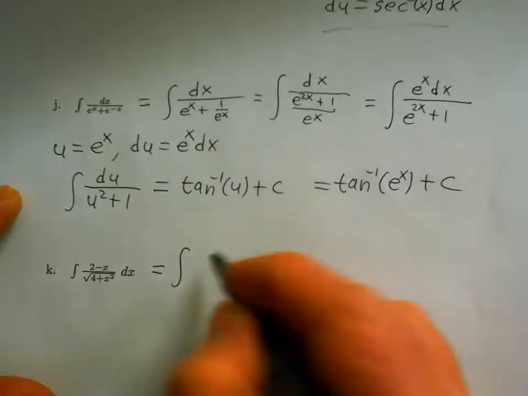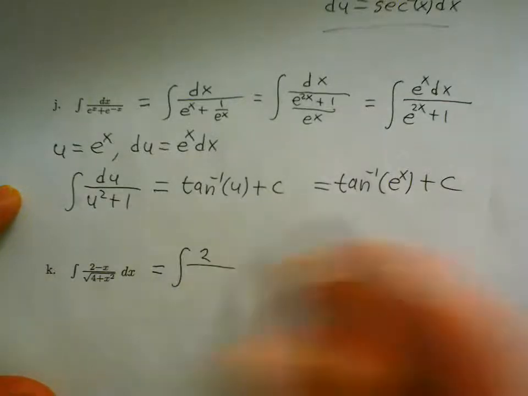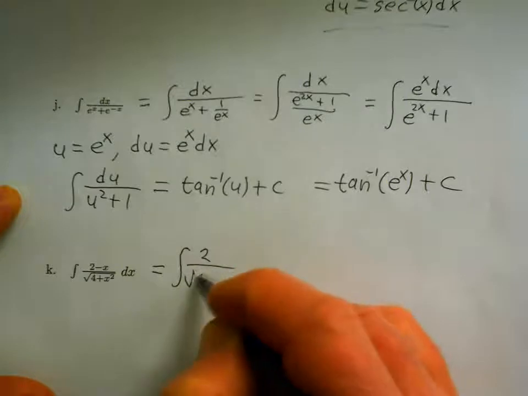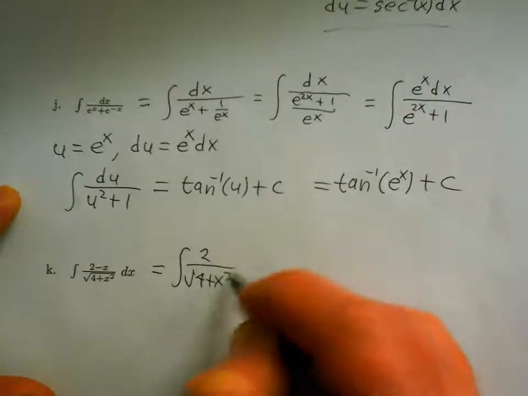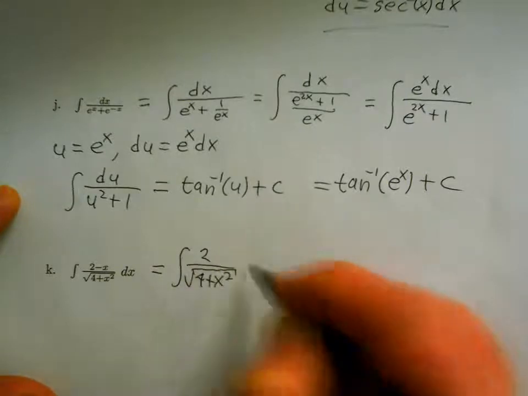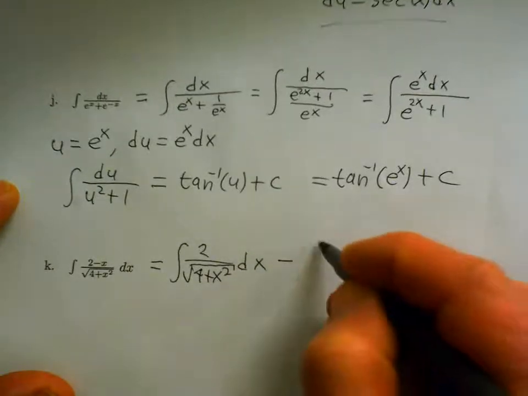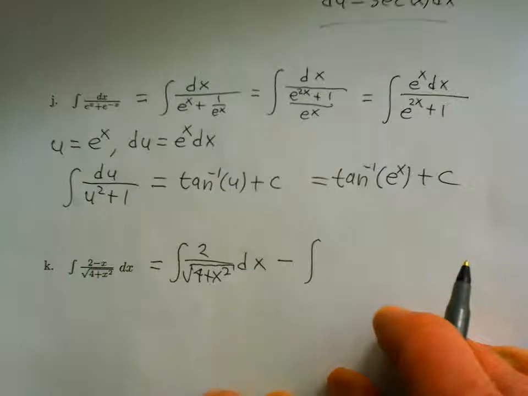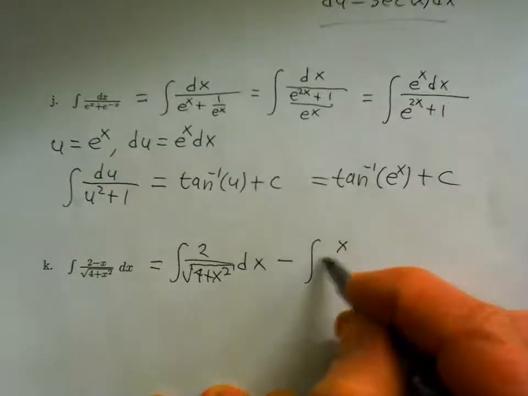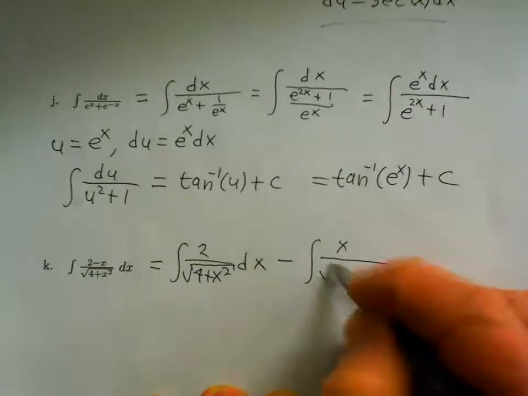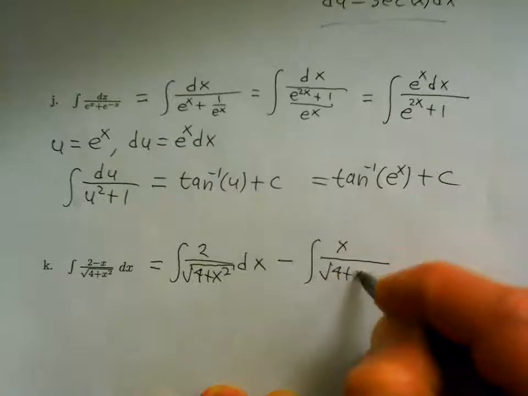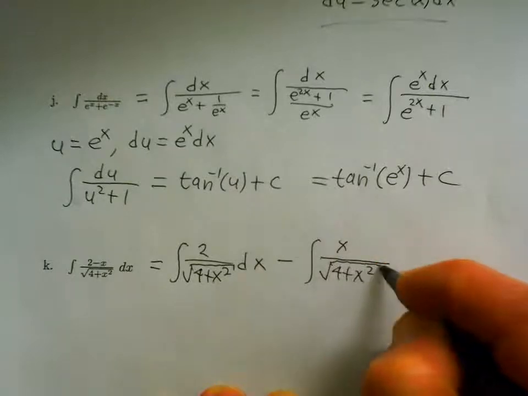One will be 2 over the square root of 4 plus x squared dx. And the other one will be minus the integral of x over the square root of 4 plus x squared dx.